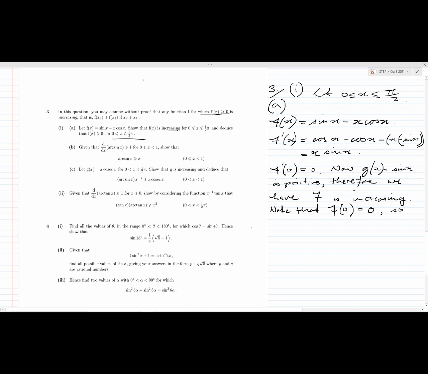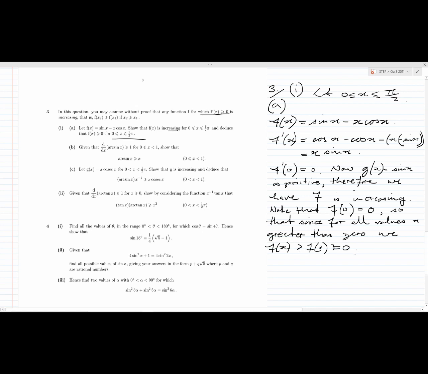So since for all values x greater than 0, we have f of x is greater than f of 0, which is equal to 0 in fact.